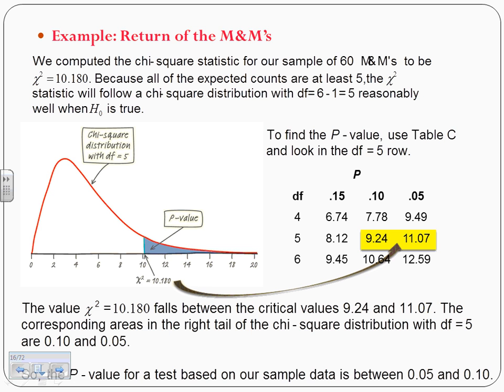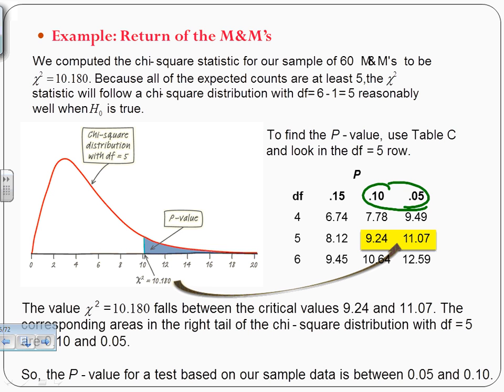Corresponding areas on the right tail of the graph would be between the 0.10 and 0.05. So the p-value is going to be between 0.05 and 0.1.